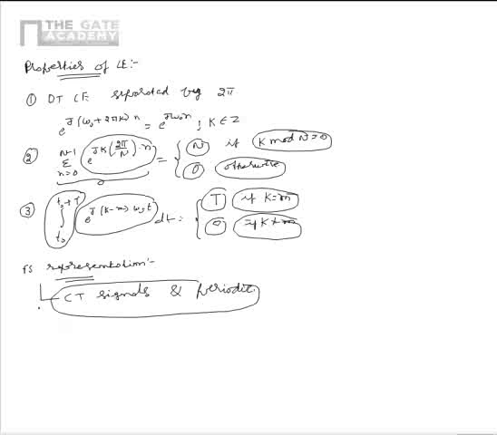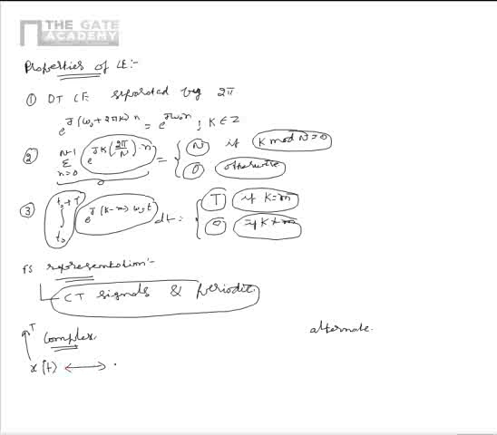The Fourier series representation has two types of representation. One is the complex representation, the other one is an alternate representation. Given any signal x of t which is periodic with period capital T, what we are talking about is the complex Fourier series representation.